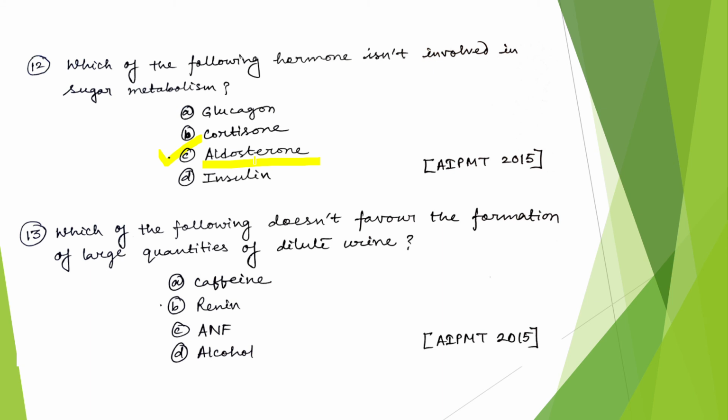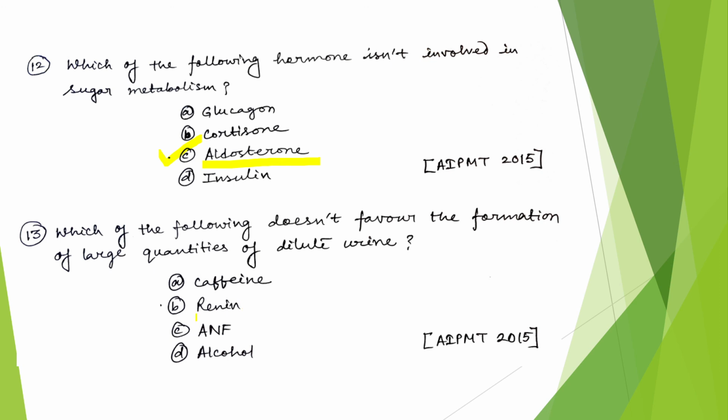Okay. Now coming to the next question, which of the following does not favor the formation of large quantity of dilute urine? That means which of the following will favor the concentration of urine? The question is that. Okay. So see here, the options are caffeine, ANF and alcohol and renin.